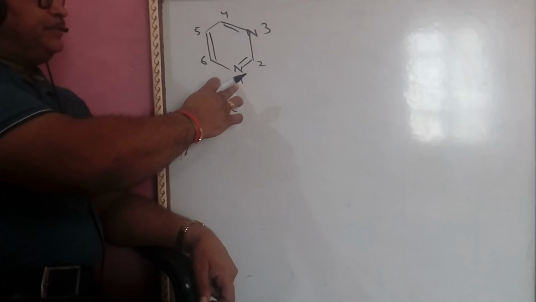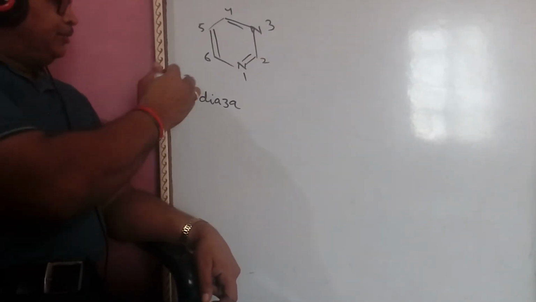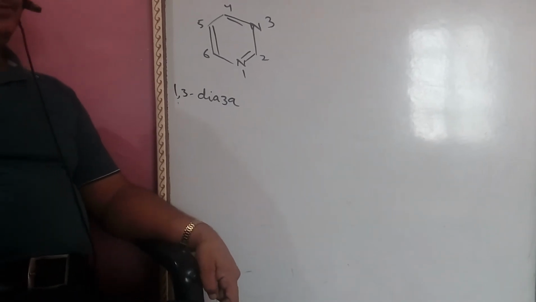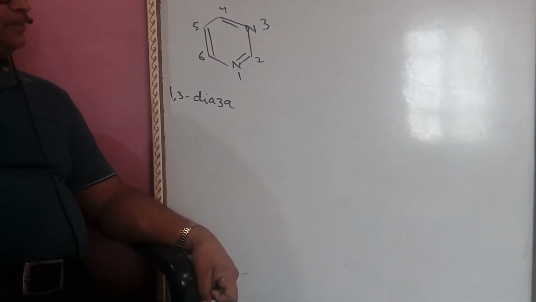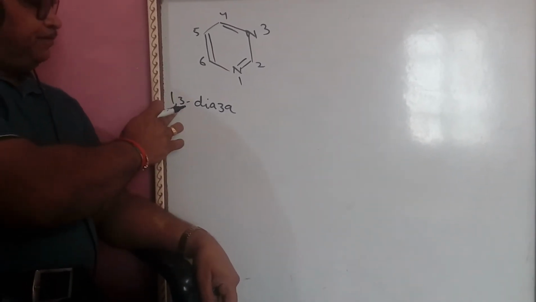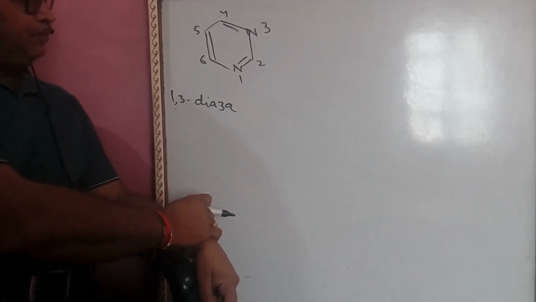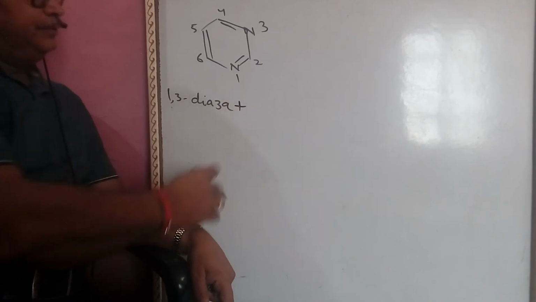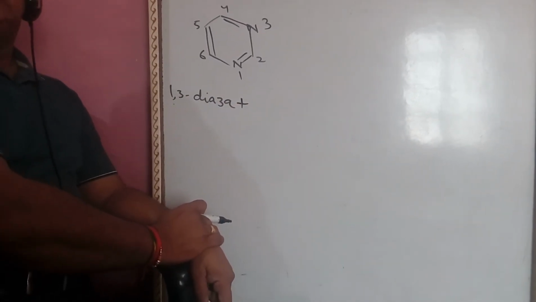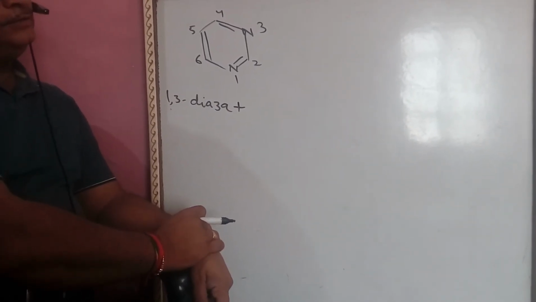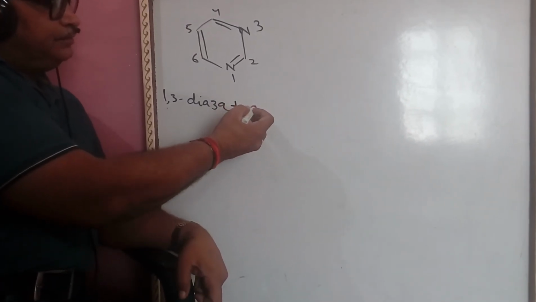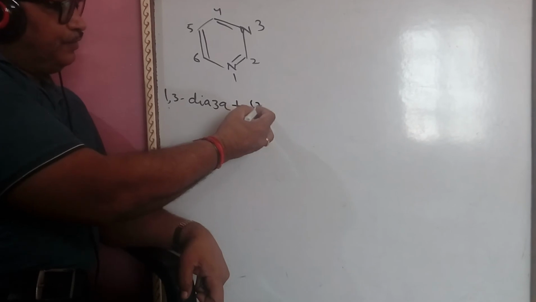These heteroatoms are present at position number 1 and 3, so the locants 1 and 3 are written before the prefix diaza. So the overall prefix for this compound will be 1,3-diaza, and the ring is 6 membered and unsaturated, so the stem and suffix will be -ine.